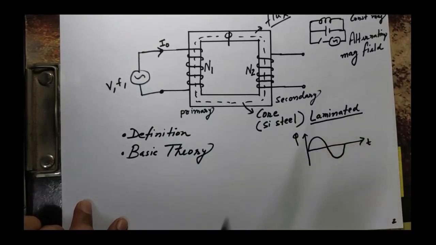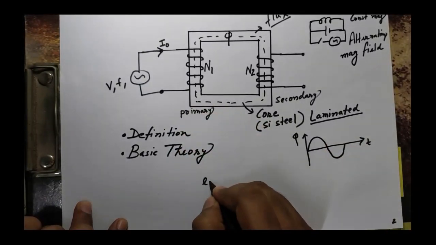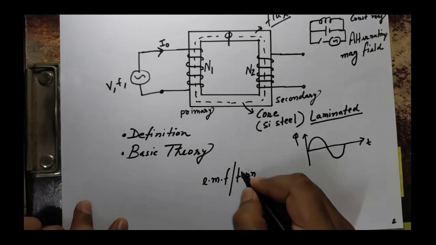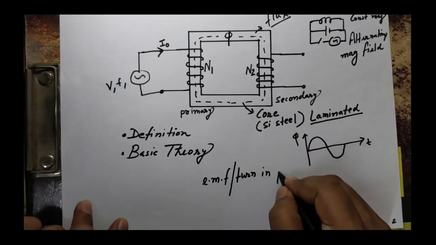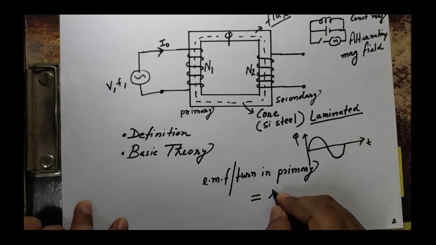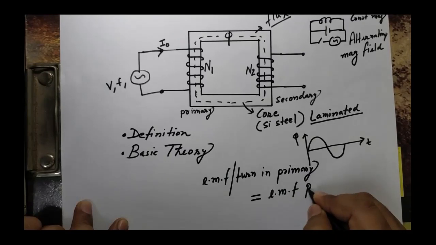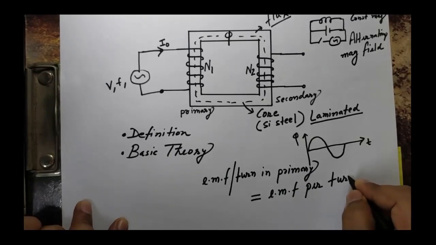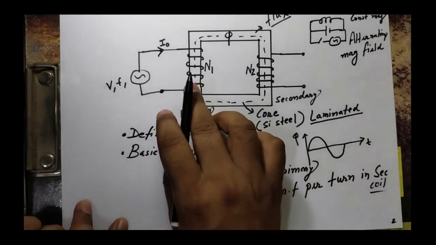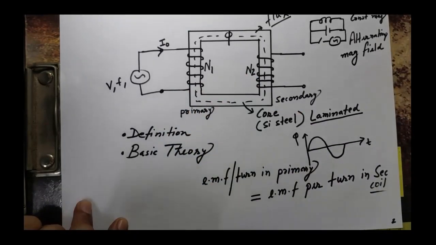So my statement is that EMF per turn in primary will be equal to EMF per turn in secondary coil. In both these coils the EMF induced per turn will be equal. Try to understand this, I am telling you per turn.